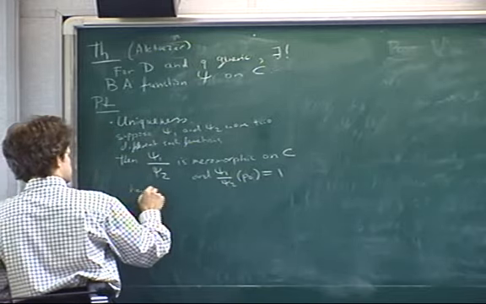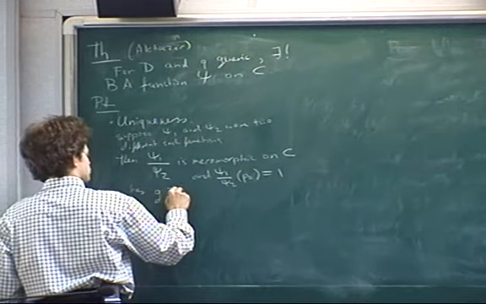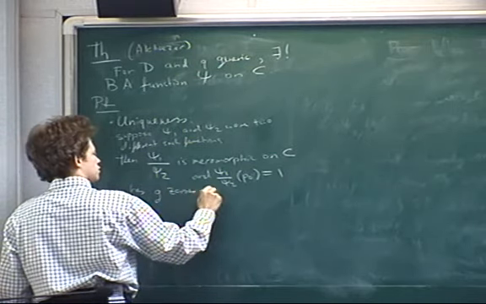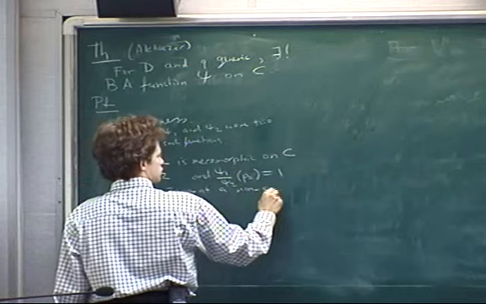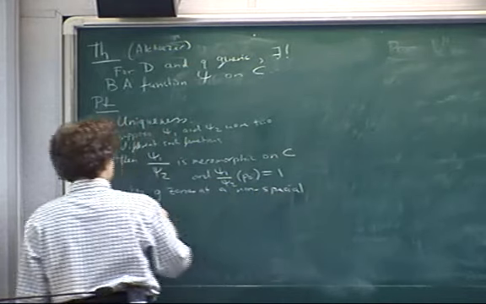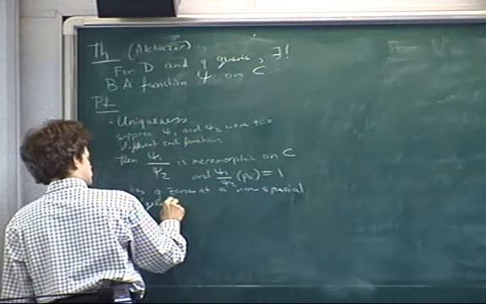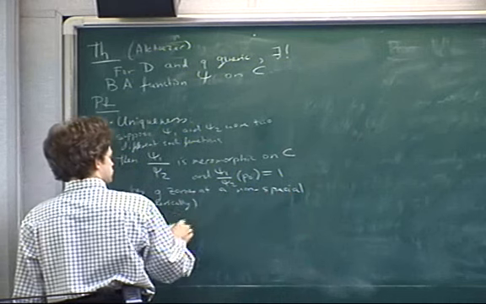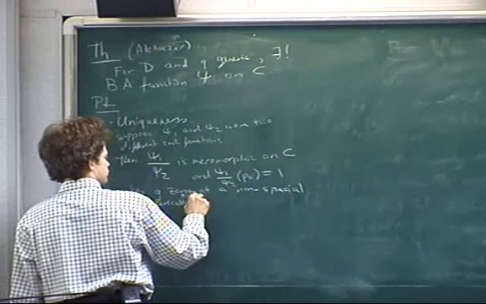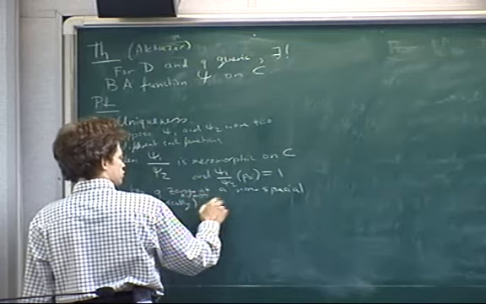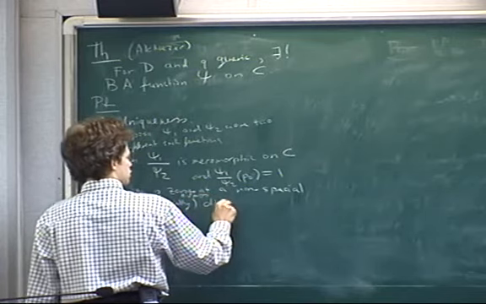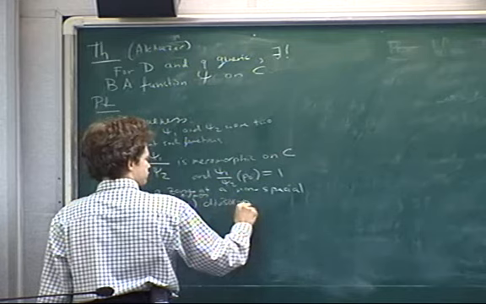So it has g zeros at a generically non-special divisor. Zeros and poles at a generically non-special divisor, which is impossible.